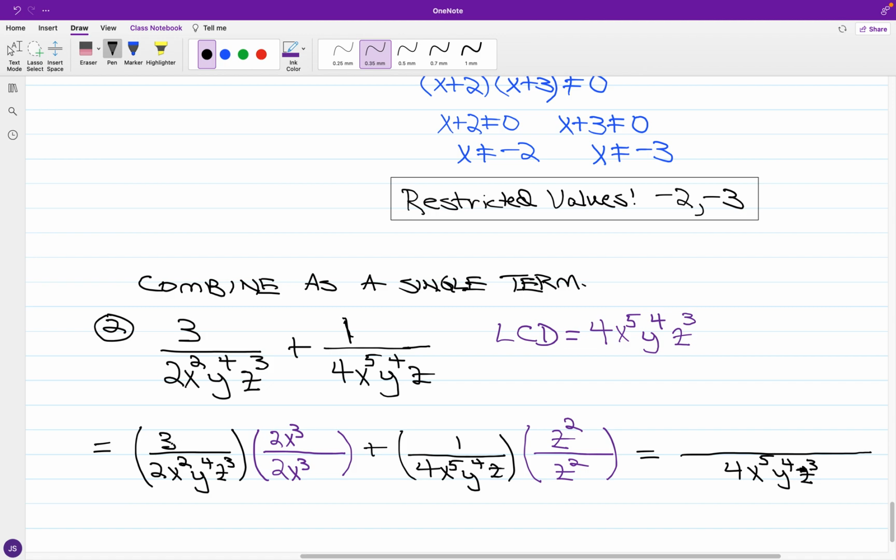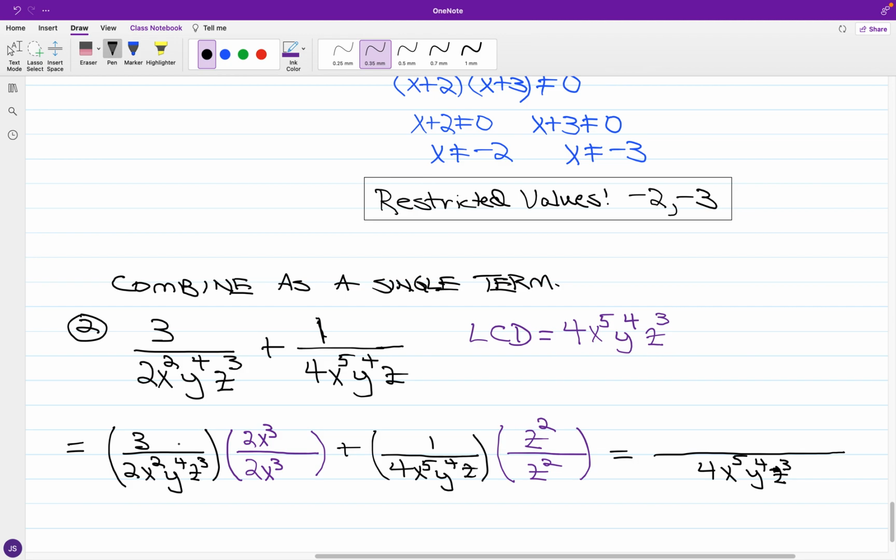Looking at the numerator expressions, we have 3 times 2x cubed, so that's 6x cubed, and then the other numerator, so we have 6x cubed plus z squared. And this will be all over 4x to the 5th, y to the 4th, z cubed.